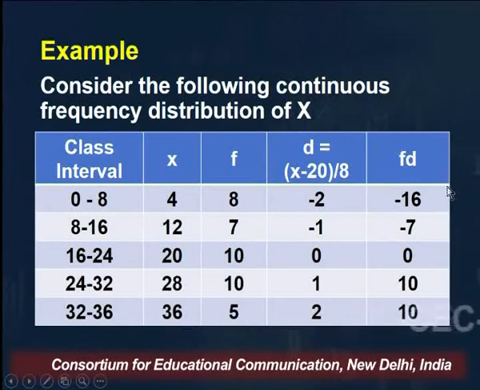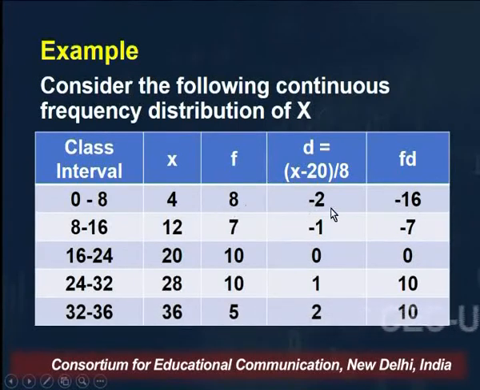So I end up getting these di's, and now in order to proceed with the formula, I have to find fi di. I multiply the values of the third column with the values of the fourth column and obtain this fi di.